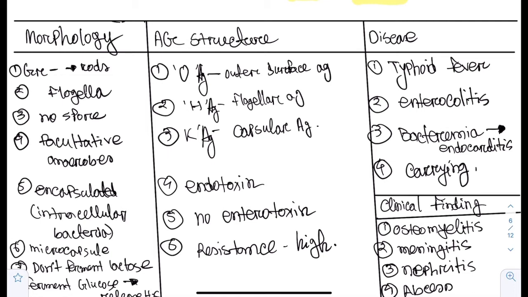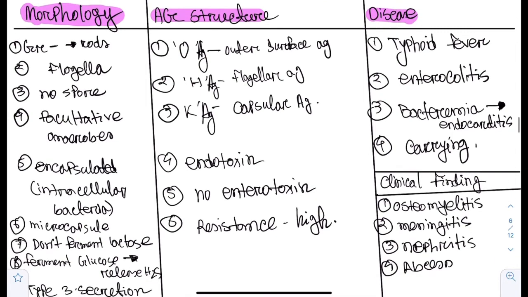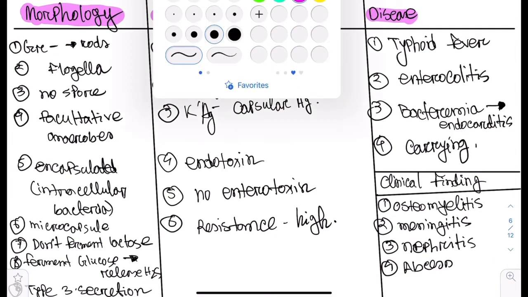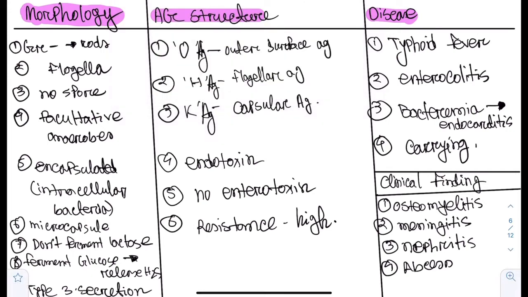Here again, the morphology and also antigenic structures. Here you can pause the video and read through this, but there's one special thing in the salmonella: it doesn't have any enterotoxin. That means no exotoxin.